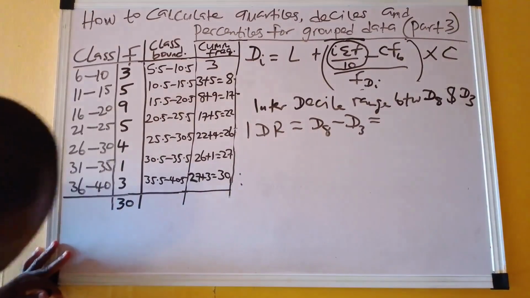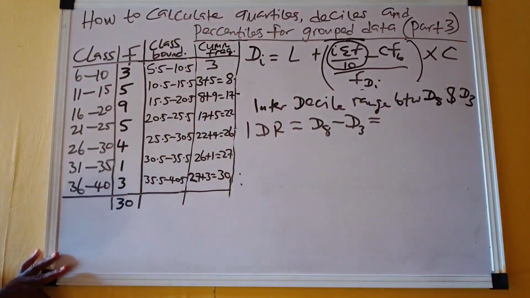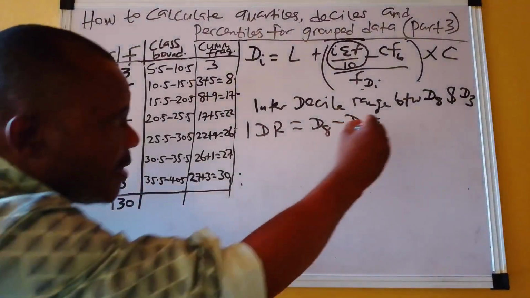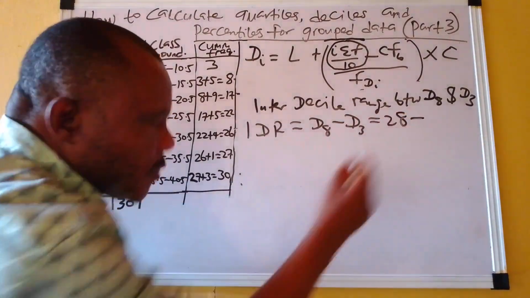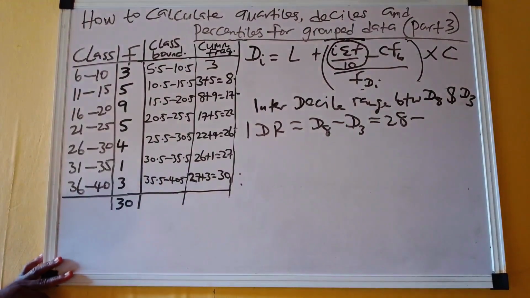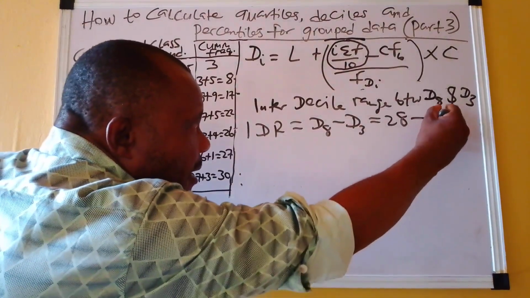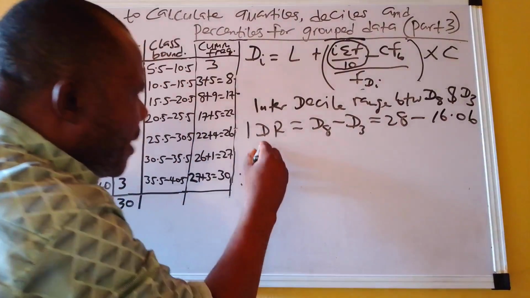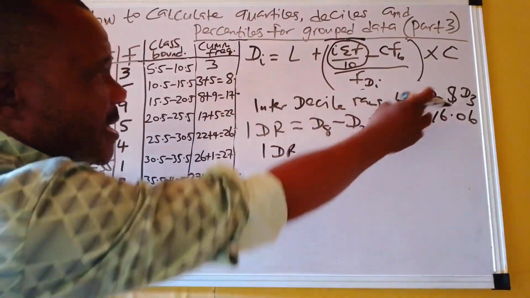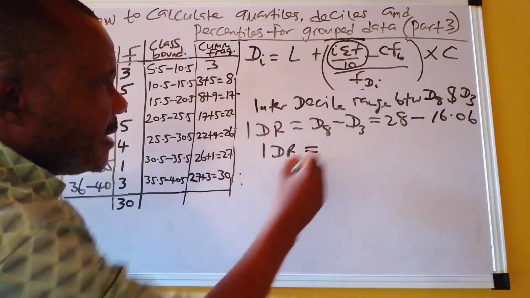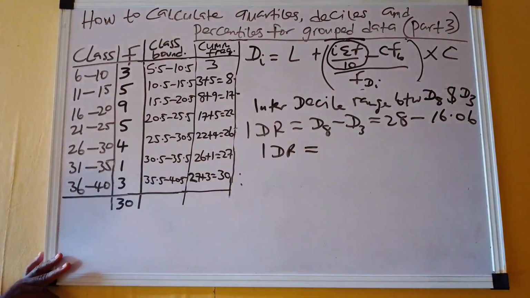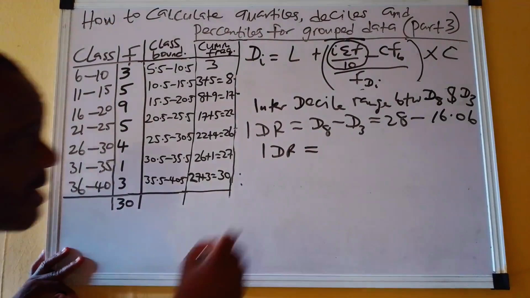So our D8 is 28 minus our D3, which is 16.06. So our interdecile range between D8 and D3 will now be equal to 11.94.